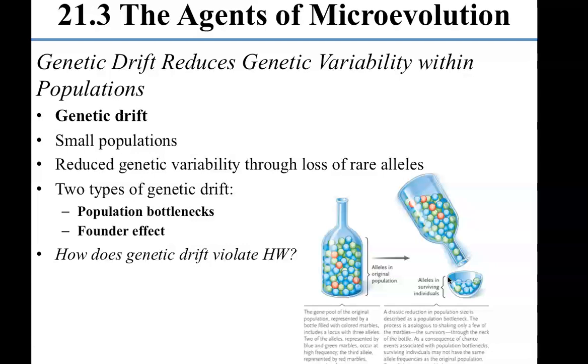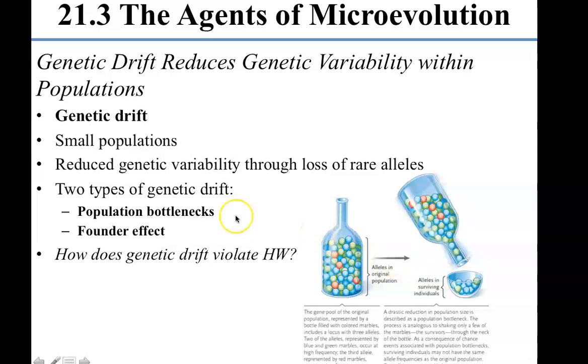It could be that your allele frequencies shift over time just due to the chance occurrences of particular alleles getting passed on, because those were the gametes that happened to be fertilized, whereas other alleles become less frequent because the gametes that carried those less frequent alleles just happen to not undergo fertilization.